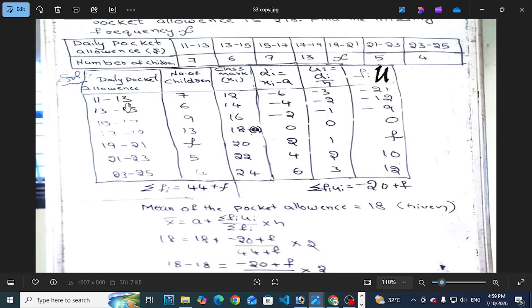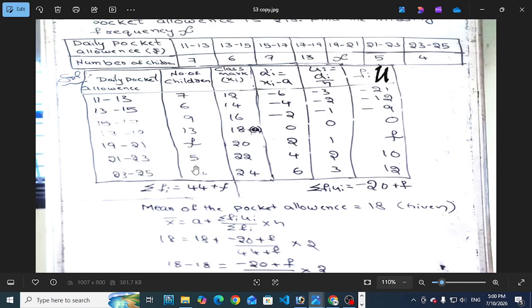11 to 13 rupees, 7 children; 13 to 15 rupees, 6 children; 15 to 17 rupees, 9 children; 17 to 19 rupees, 13 children; 19 to 21 rupees, how many children? This we have to find.